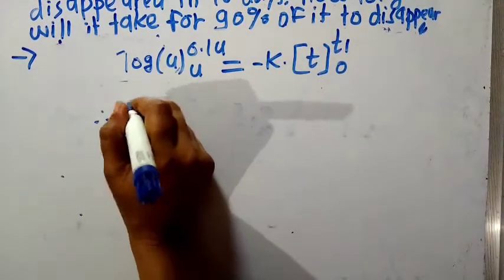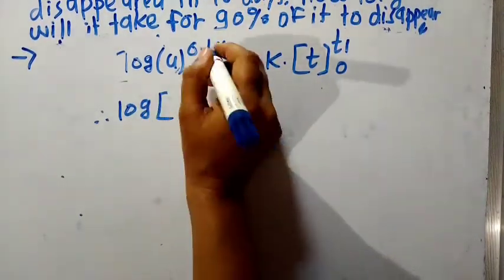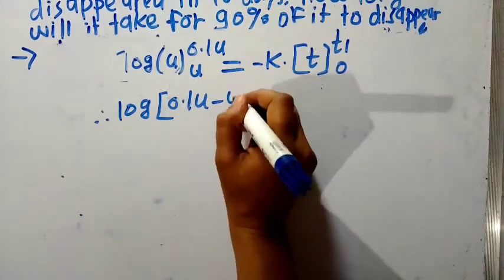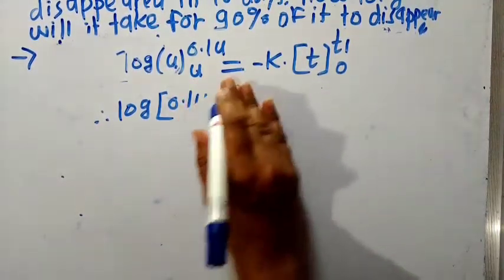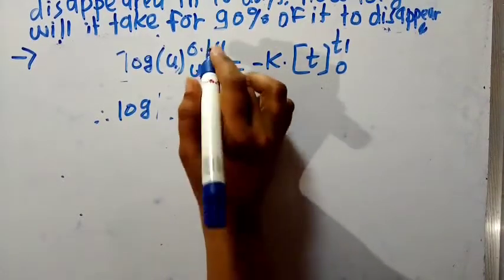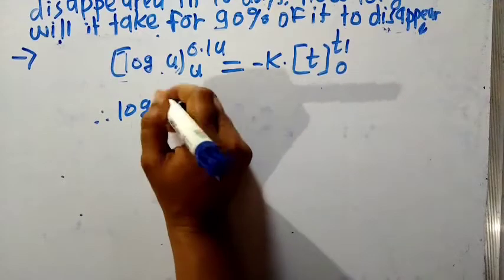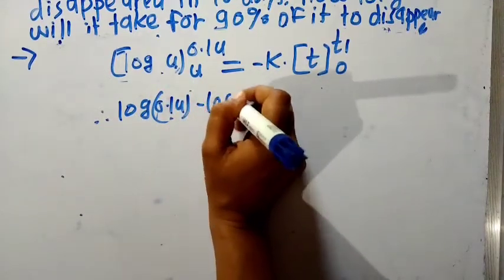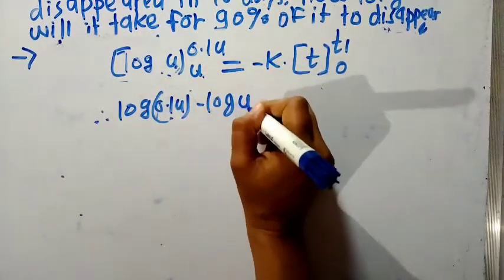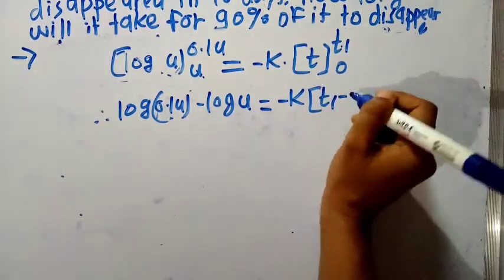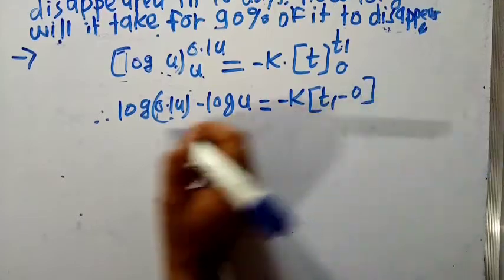Hence log of 0.1 u minus log of u is equal to minus k t1 minus 0.